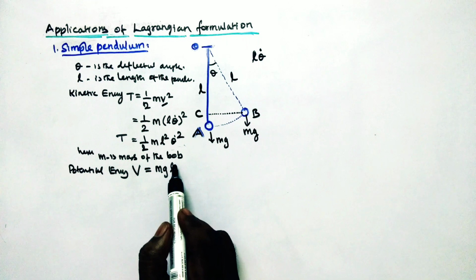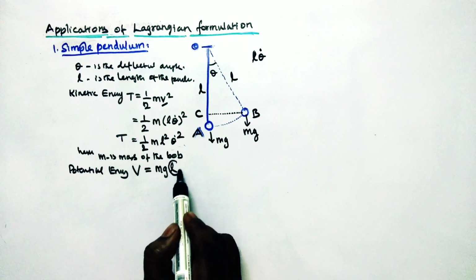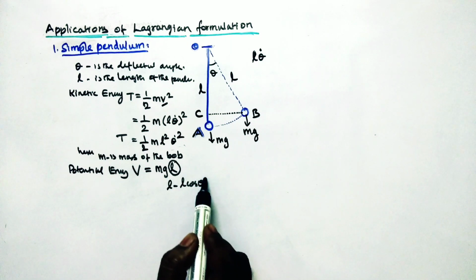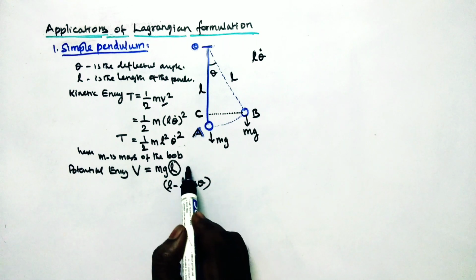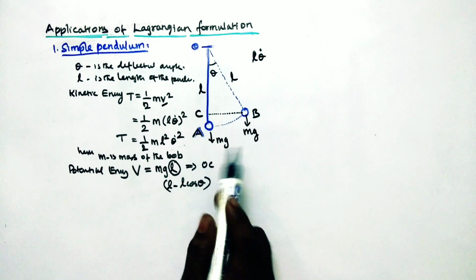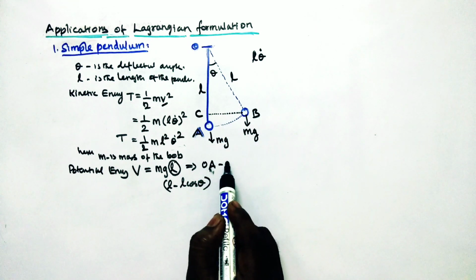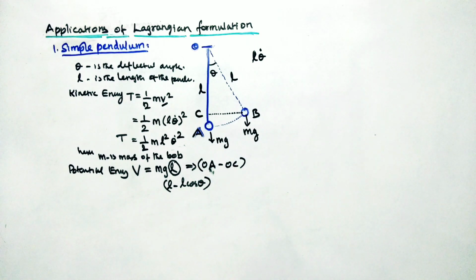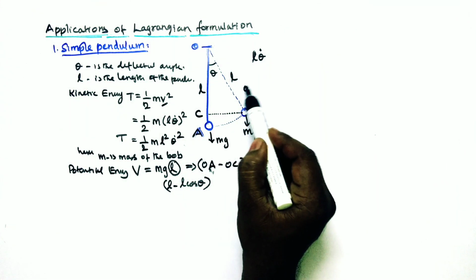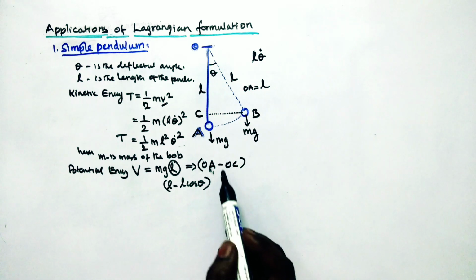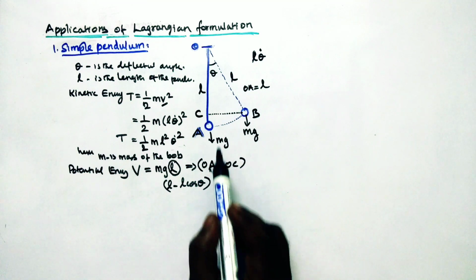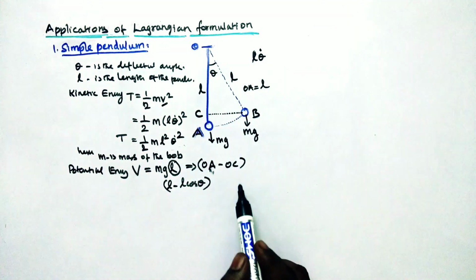So we can write the L as L minus L cos theta, because the L is mentioned here as OA minus OC. So already we mentioned here OA is L, and here OC is, we can make this triangle OCB.